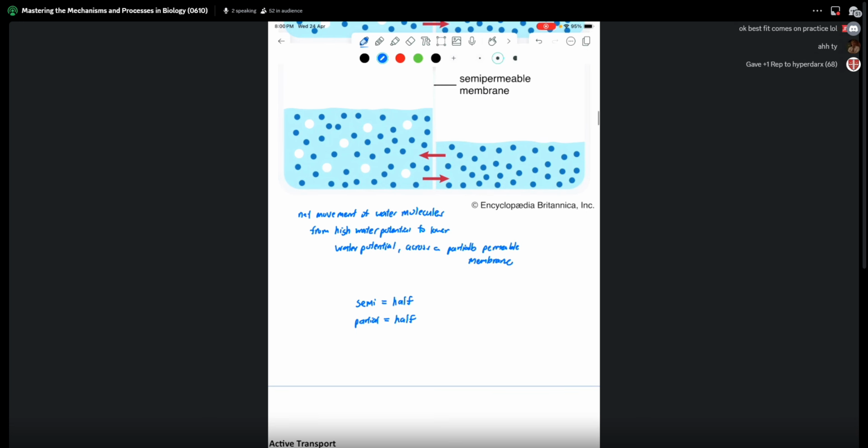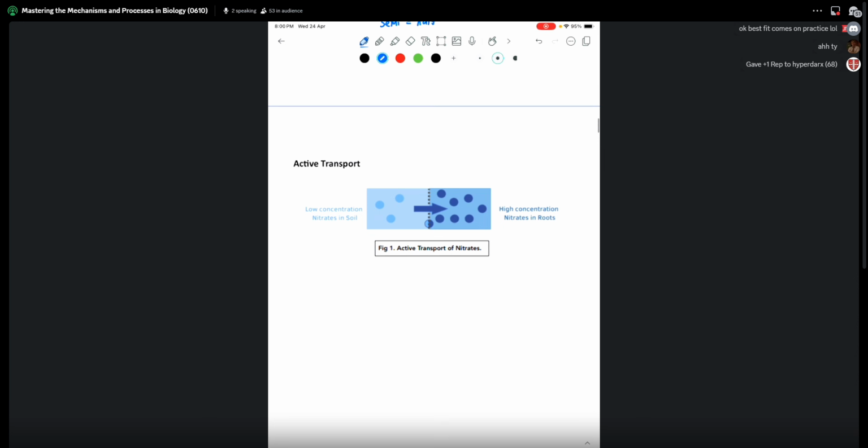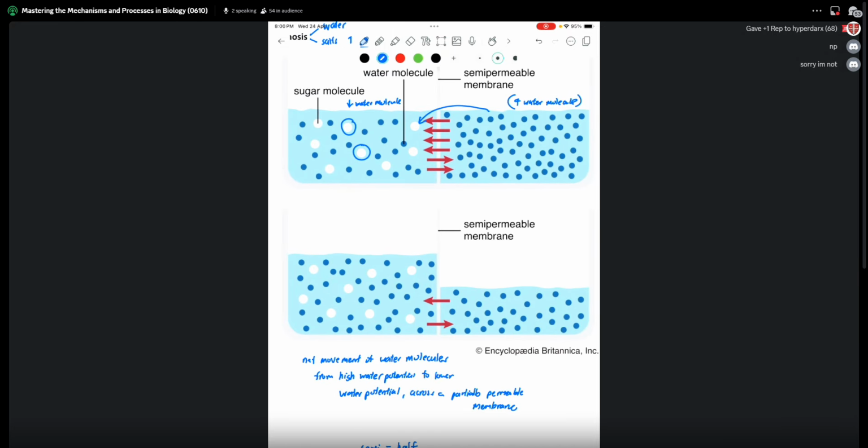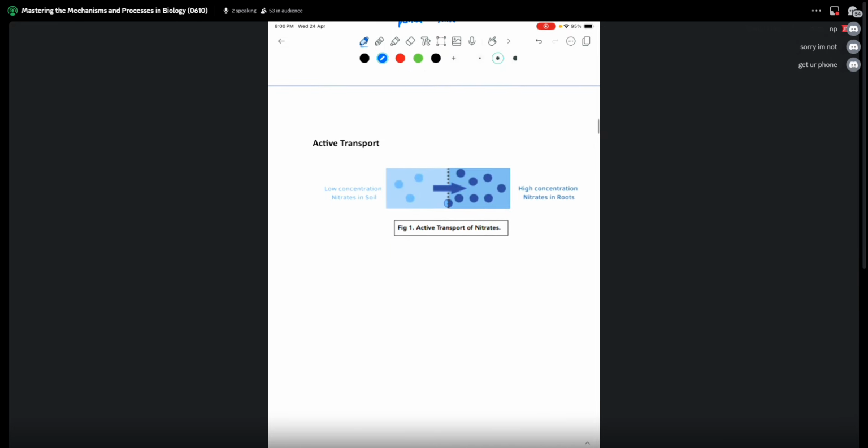Okay, so same thing. All right, now we'll move on to active transport. Active transport works slightly differently. Why? Because most of the time it's always from higher to lower, but this time active transport is going against it.